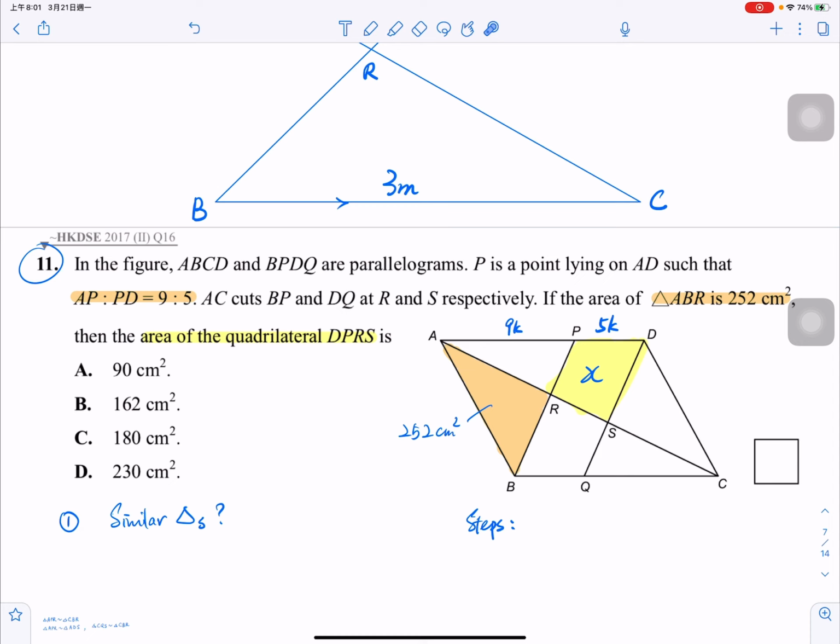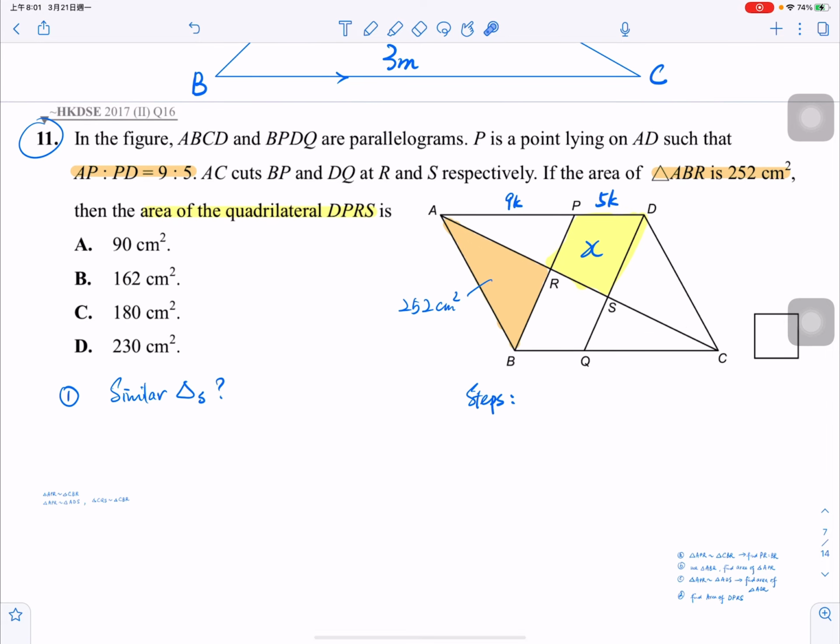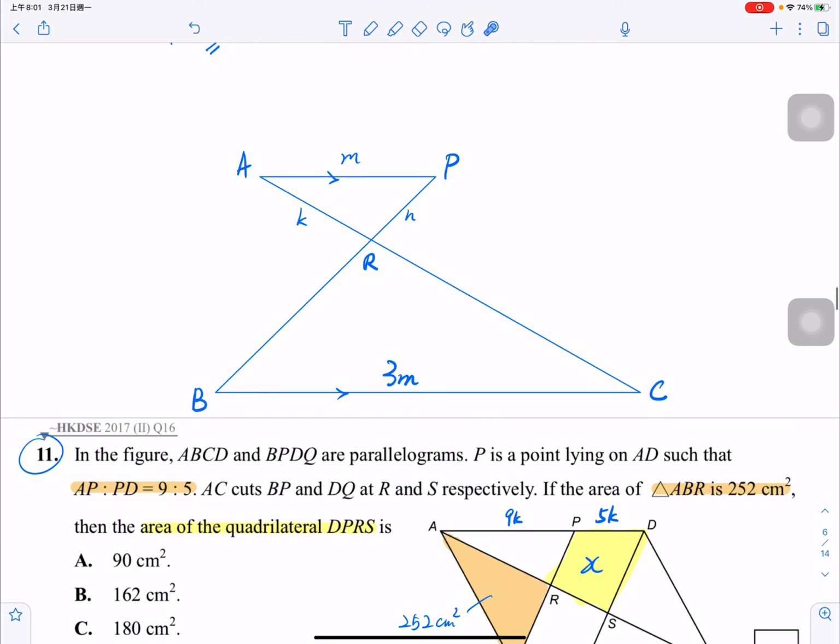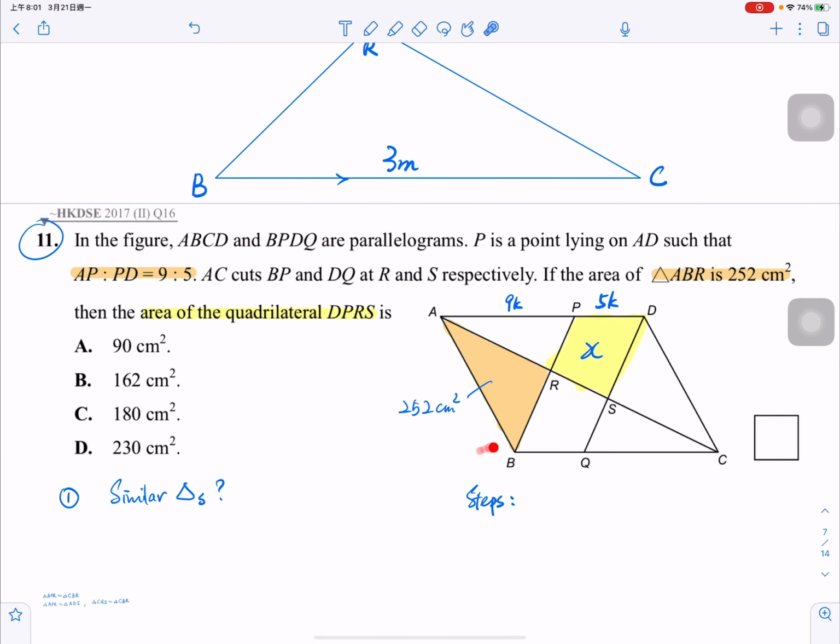In this kind of question, first think about similar triangles. Do you know any pairs of similar triangles here? Actually, there are many similar triangles, but I want you to pay attention to some pairs. For example, this kind. Because they are parallelograms, this one and this one, you see here are similar triangles.